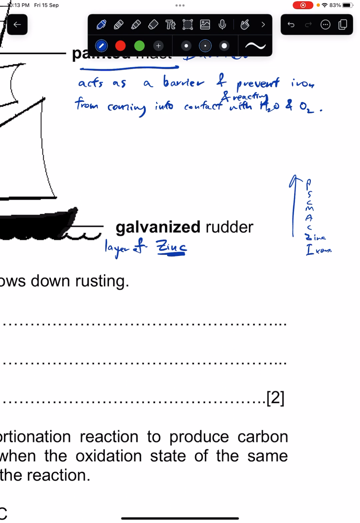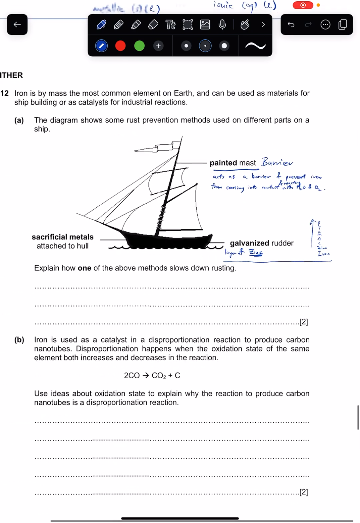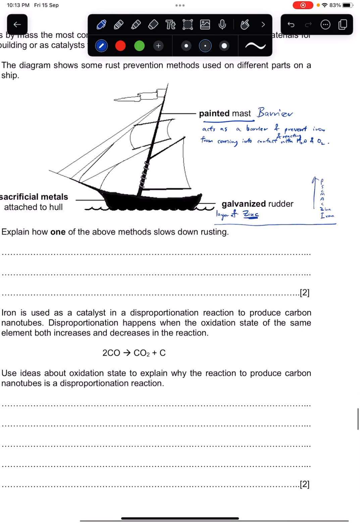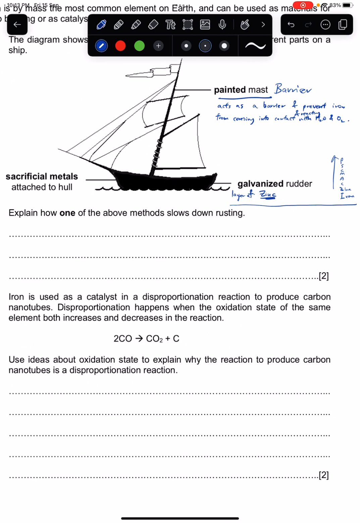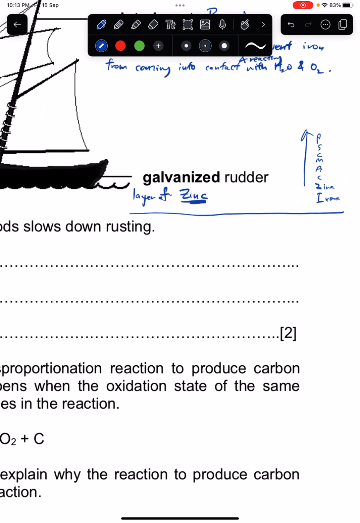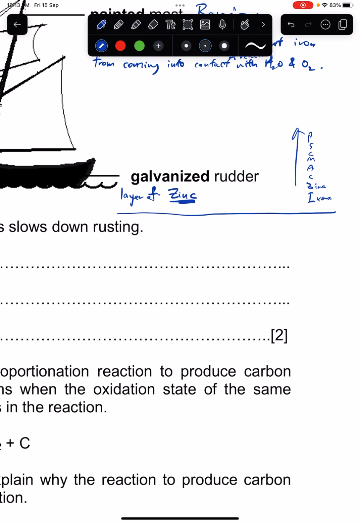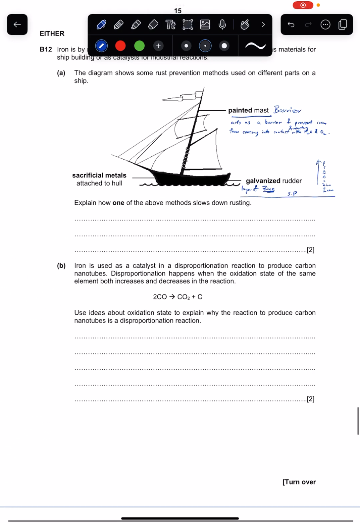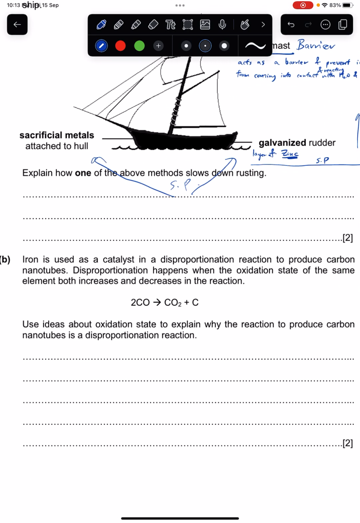So we are actually putting a more reactive metal here, right? So this is actually your sacrificial protection. So actually you realize both of these are sacrificial protection. So actually they're the same explanation here.